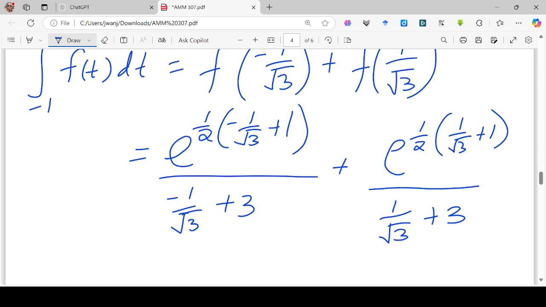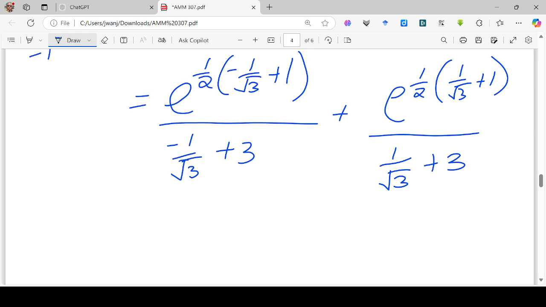When we work this out, you can take your calculator and work it out. You get 1.1250. This is the approximation to that integral when using the 2-point method.